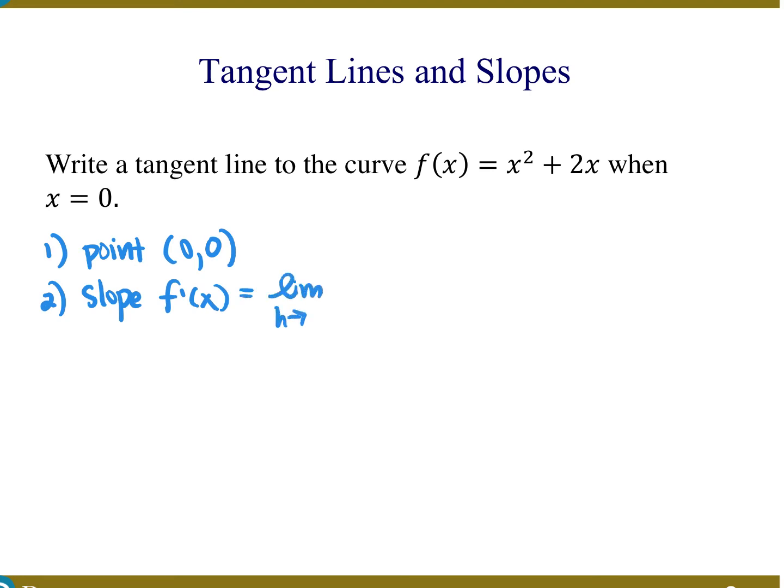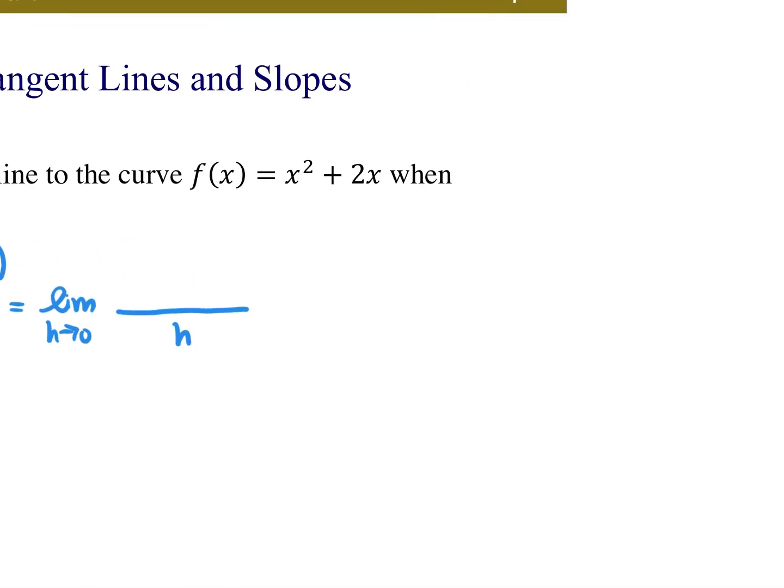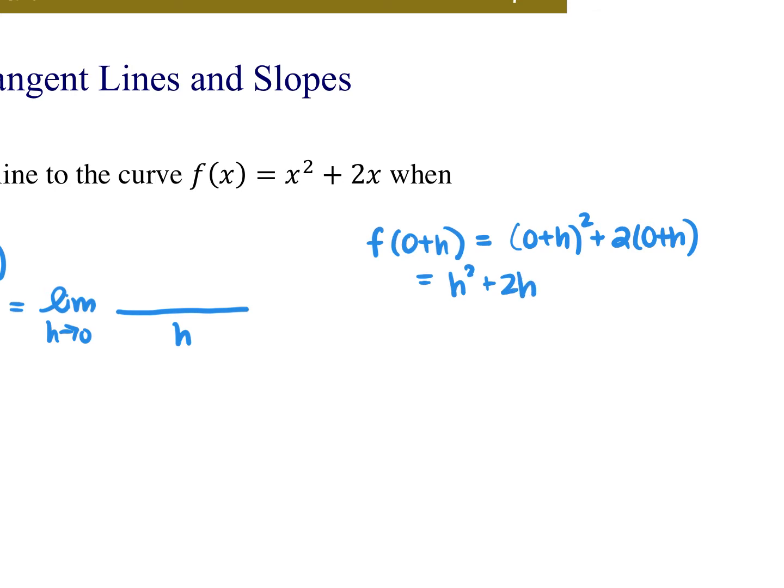So I set up Newton's method. Newton's method works great on polynomials. These are polynomials, that's why Newton's method works awesome. And so maybe on the side, you want to figure out, well, what is f of 0 plus h? That would be 0 plus h quantity squared plus 2 times 0 plus h. So that's h squared plus 2h.